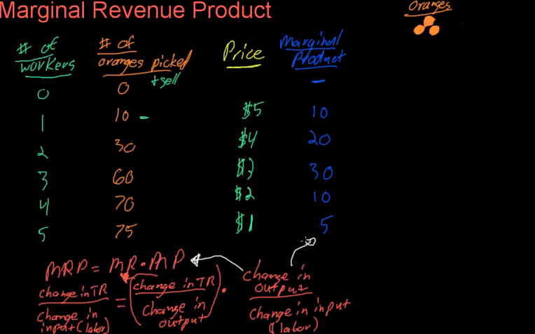We said we increased workers by 1, and we increased our total amount of output, the number of oranges that we picked and sold, by 10. And 10 divided by 1 is just 10, and that's how we get this right over here. So now we already have the marginal product. So now we just need to get the change in total revenue divided by the change in output.